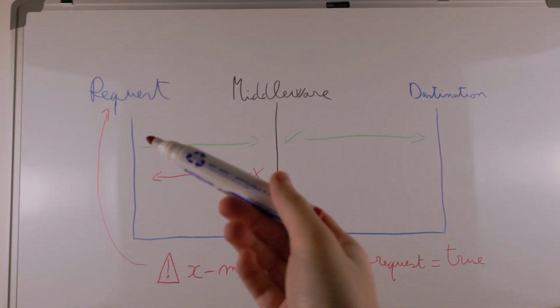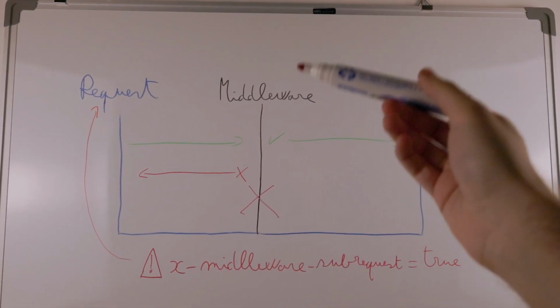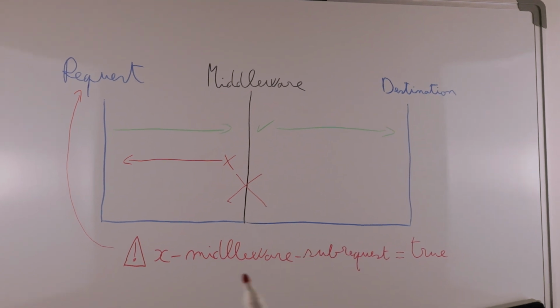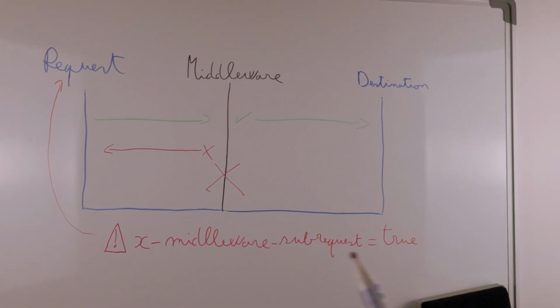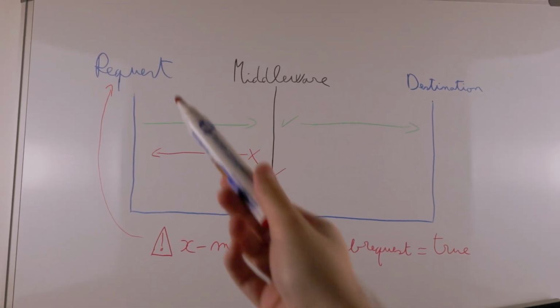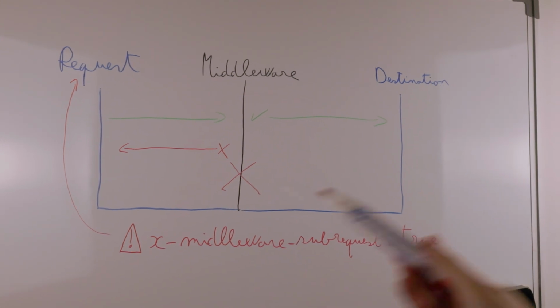So the request is gonna pass to my destination without any check happening over here. All my checks are denied because I just set this to true, and for some reason, when you set this to true and add this as a header in your request, this middleware will be bypassed and I'm just in, without any checks.